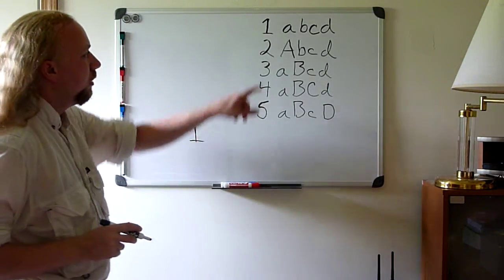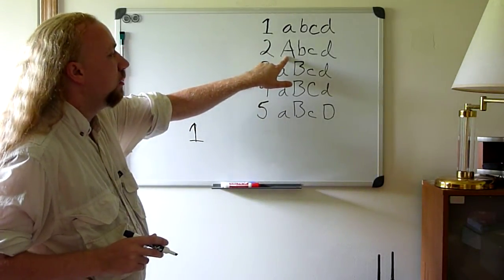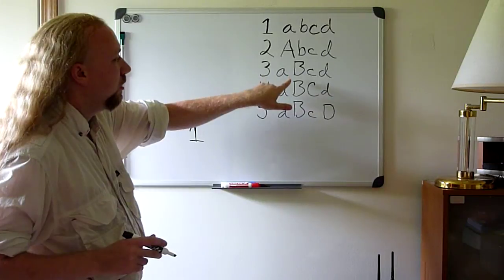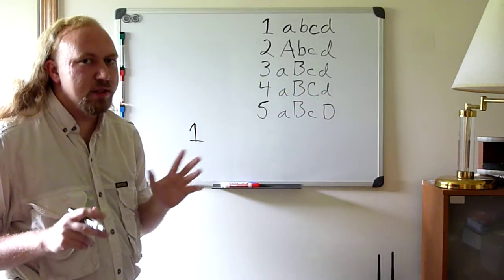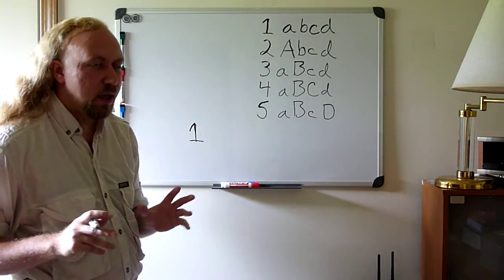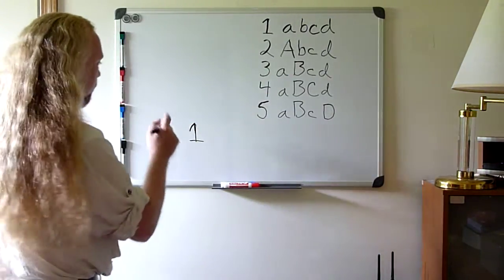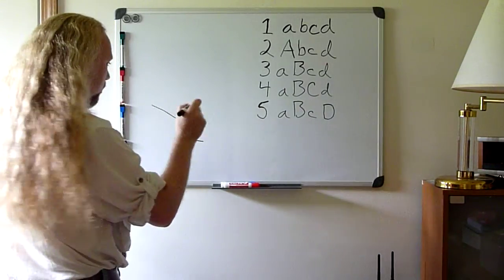Well, organism number 2 has a derived version of trait A. But if you look down the rest of them, none of the others do. So it's unlikely that it's going to be in the same lineage as the rest of these. So we're going to put another little branch off this way, from 1 to number 2.